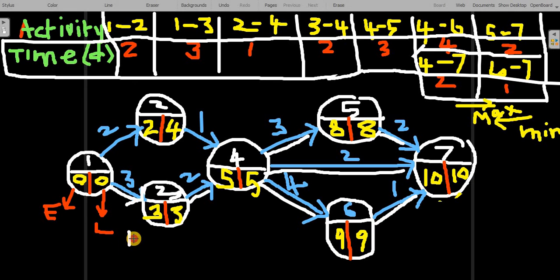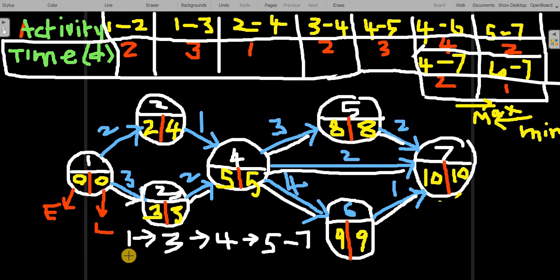Okay. So 1 to 3, 3 to 4, 4 to 5, 5 to 7 is one critical path.